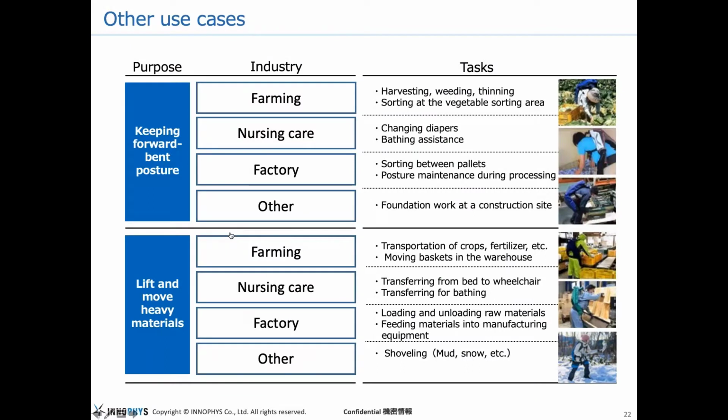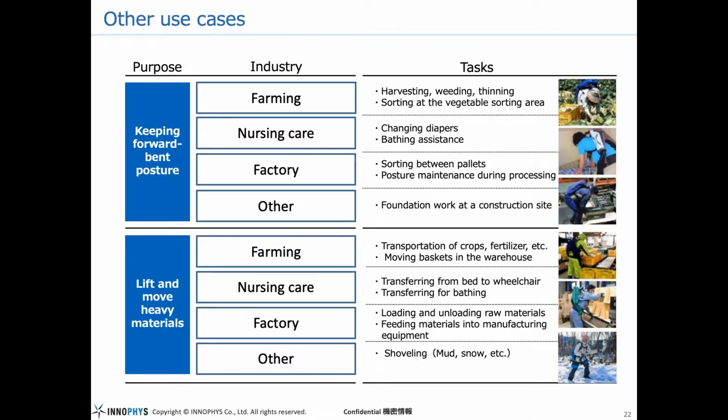Okay, other use cases. This product can basically be used for two purposes. One is keeping a forward bent posture, and the other is lifting and moving heavy materials. Keeping a forward bent posture, for example, in farming: harvesting, weeding, thinning, and storing vegetables at the sorting area.